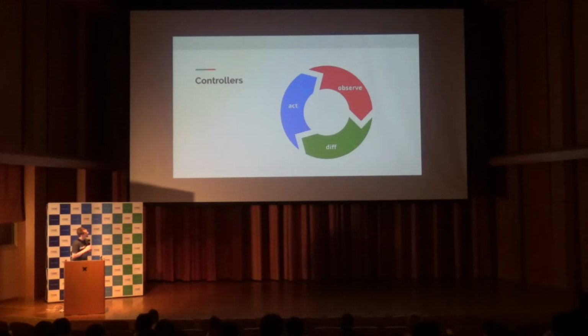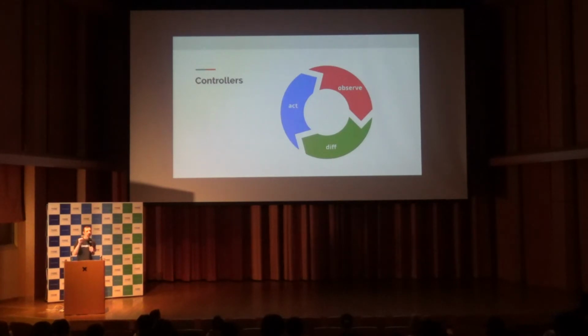And so in Kubernetes parlance, we call each control loop a controller. What these do is they perform a loop that runs essentially constantly. What it does is it observes the state of the cluster, as well as the desired state of the cluster.